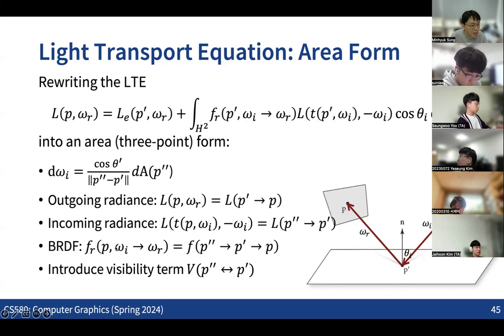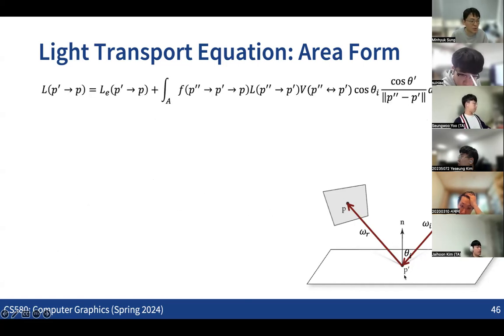The BRDF also has another representation, where we have the reflection from P double prime to P prime to P. As we have seen in the previous slide, we also introduce the visibility term to check the occlusion from P double prime to P prime. Then we can rewrite the same LTE with these new notations for each term.